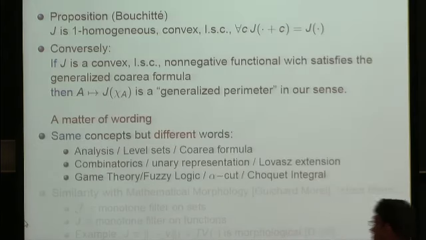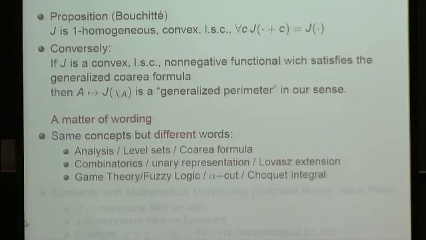This has been done in many different areas. We've been doing that in analysis. In the combinatorial community, you talk about unary representation and the Lovász extension. In game theory or fuzzy logic, the thresholding is an alpha cut, and the extension is called the Choquet integral.